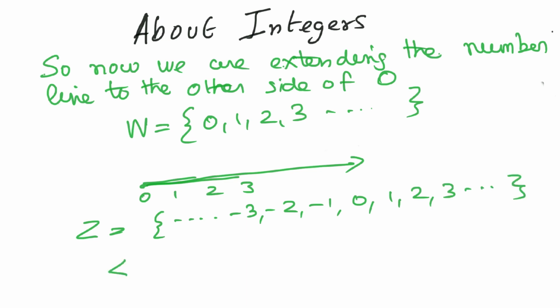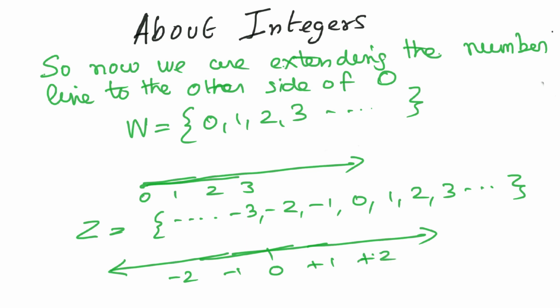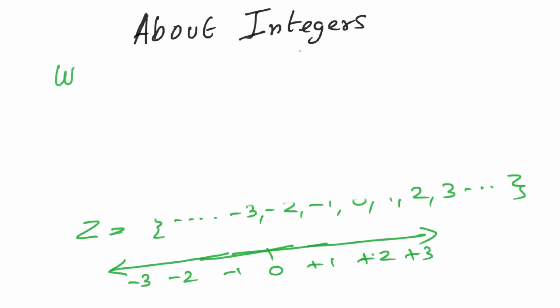The only thing is that the left direction is negative, the right direction is positive, but we have a midpoint, that is 0, and numbers extend from this midpoint to both directions, to both infinities, that is negative infinity as well as positive infinity.